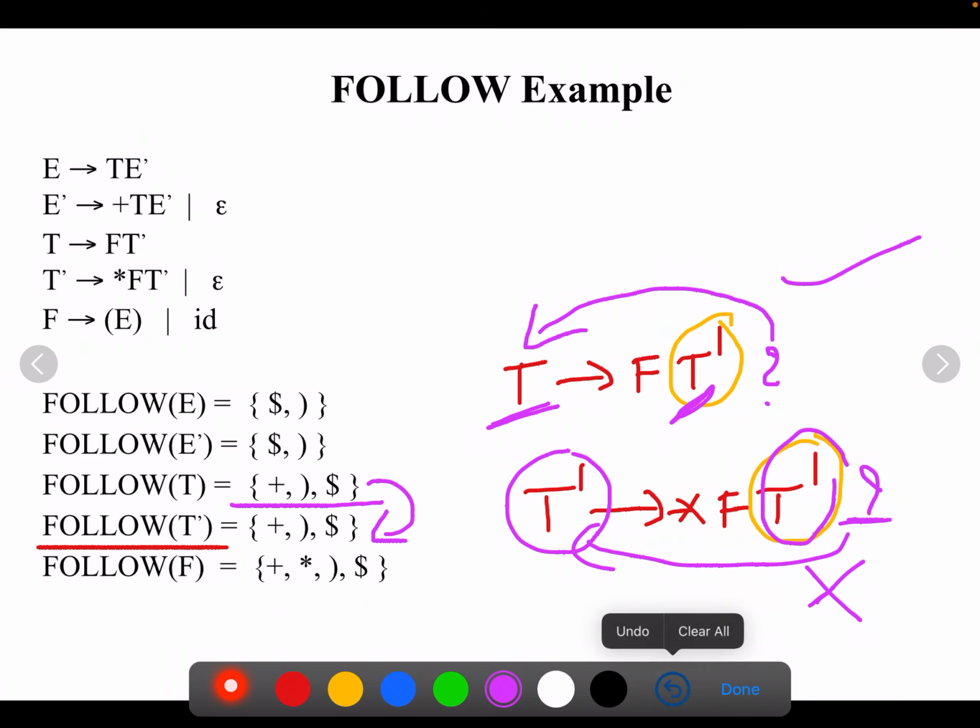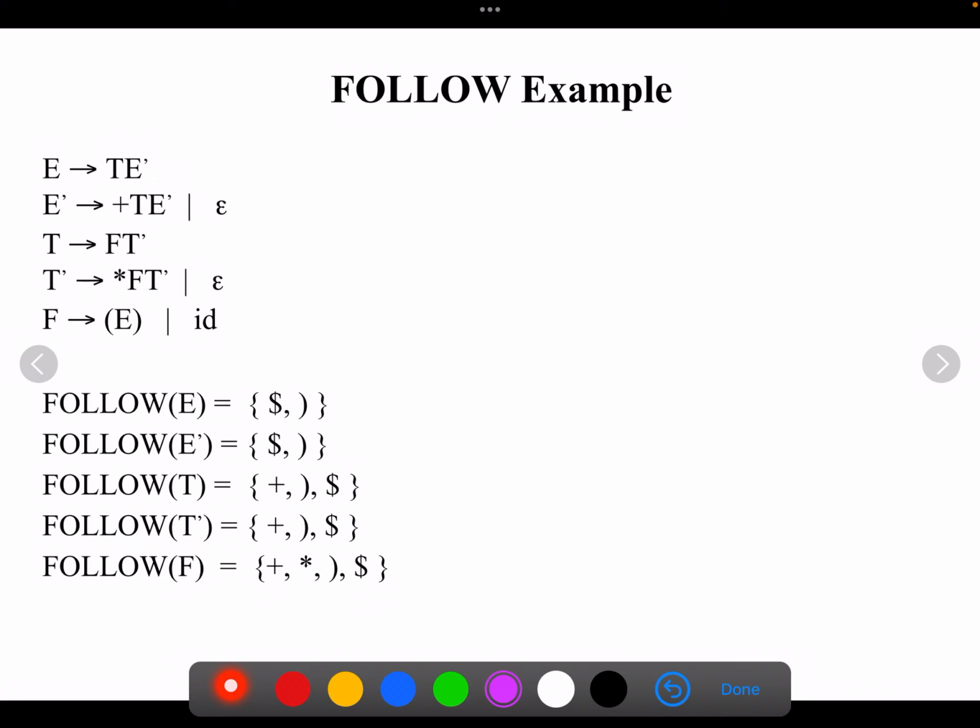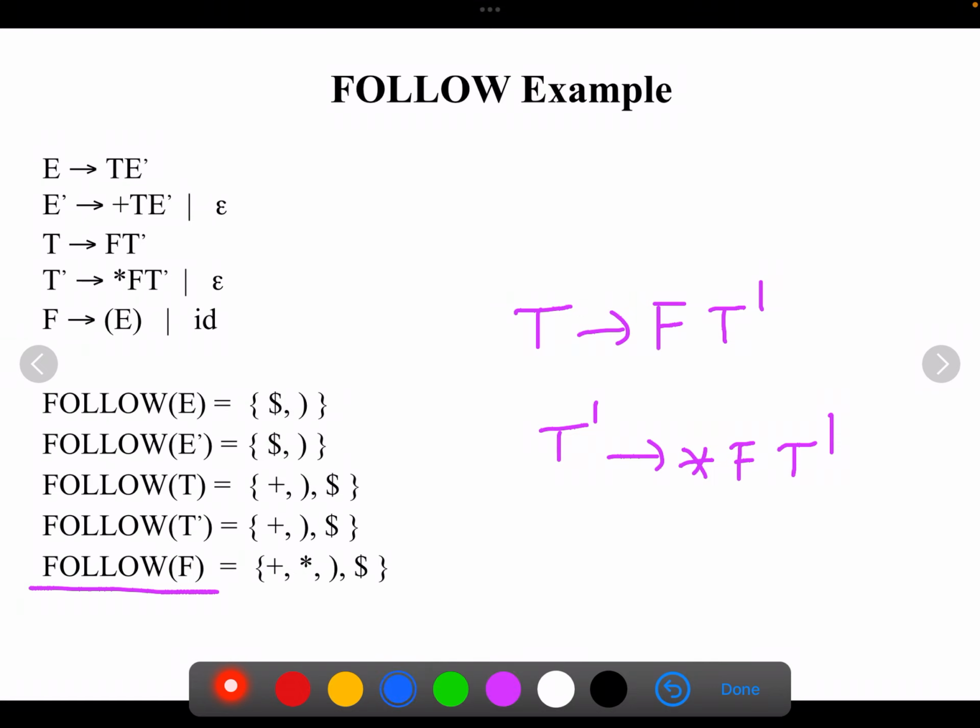Fine. Moving on to the last, follow of F. So where is the F production? Take all of them. F T dash is one production, then T dash produces star F T dash is another production. Here, since my target is F, who is following F here? As per the algorithm, T dash, it is a non-terminal. For the non-terminal, what you have to check?